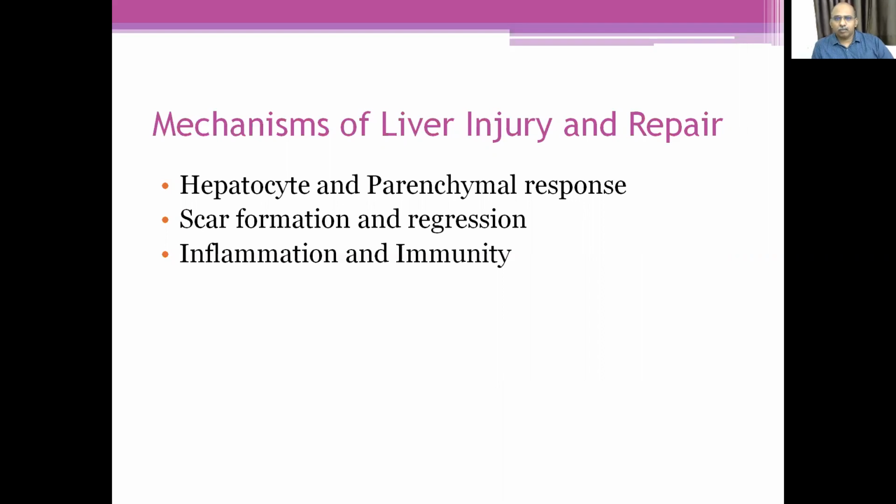And the parenchymal response, see, while discussing the anatomy and histology of the liver, I told you in the space of Disse there are some mesenchymal stem cells. Those will regenerate and form the fibrosis, and that fibrosis will form the scar. So there is the parenchymal response, then scar formation, and a regression. If the regeneration of the hepatocytes is less than the stromal response, like fibrous formation, then scars will form.